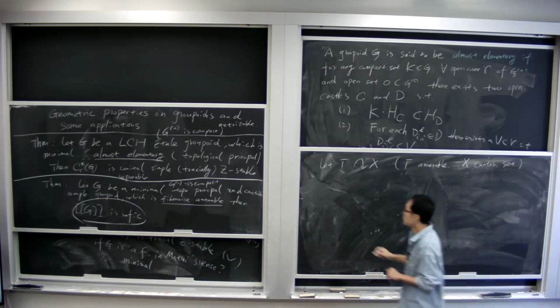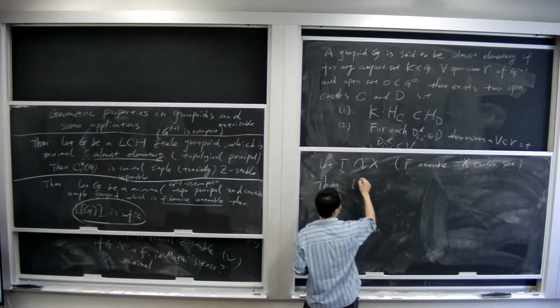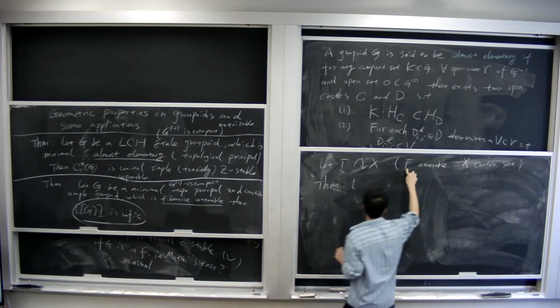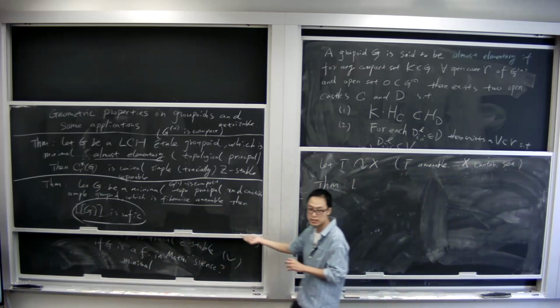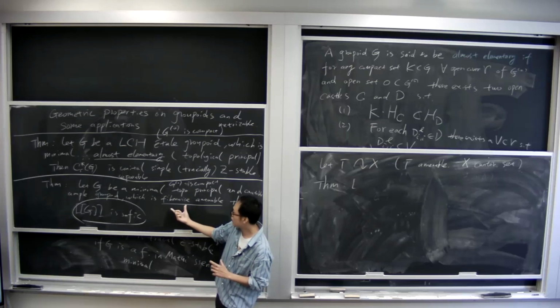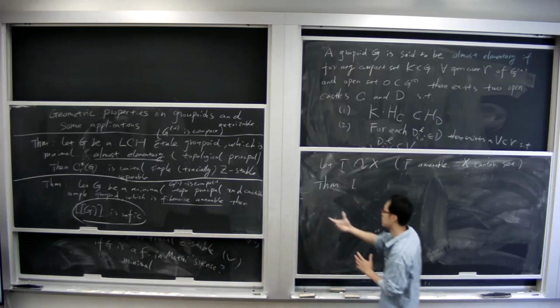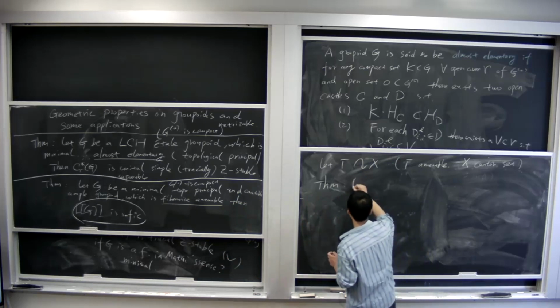What I have shown here is that if your acting group is amenable, that means the associated transformation groupoid is fiberwise amenable, so it satisfies the theorem.